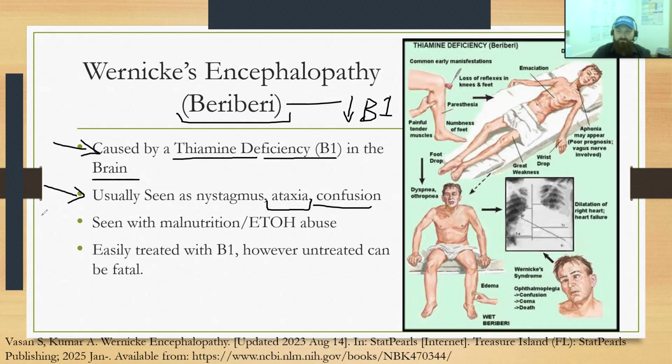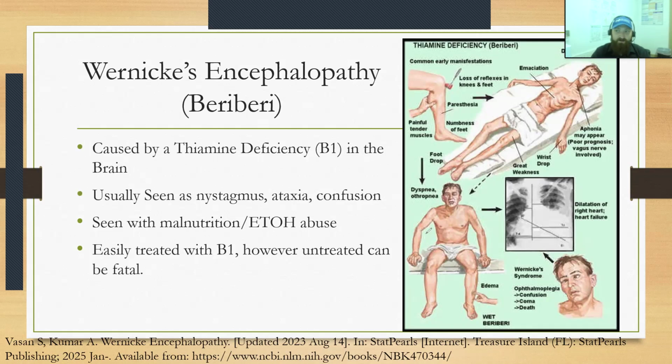And again, this is seen from a version of beriberi in the brain. We usually see that with malnutrition. So people who are maybe not getting enough vitamins and nutrients and minerals, maybe they're not eating healthy, or maybe they're not getting enough of anything in their body. So we see that commonly with malnutrition, but we also see beriberi with severe alcohol abuse.